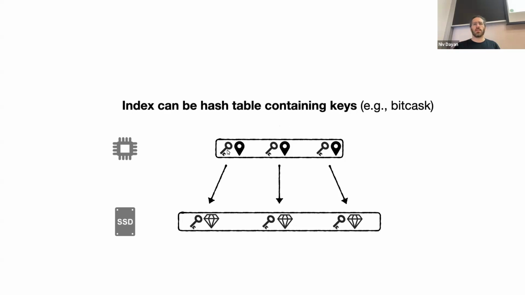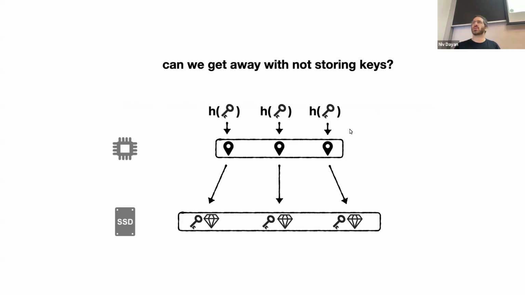Now, there are key value stores that actually store the full keys in memory. Bitcask is an example of such a system. But as we said, in such systems, we care about the memory footprint for this index. So we typically don't actually want to store the actual keys inside of this index, because memory is expensive.